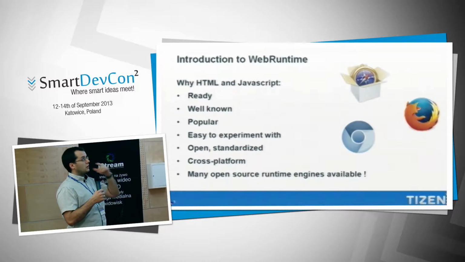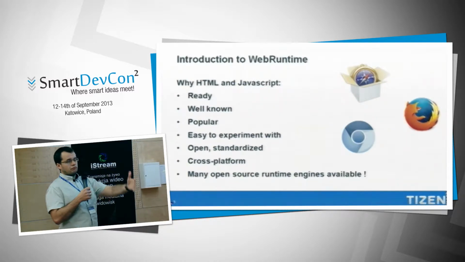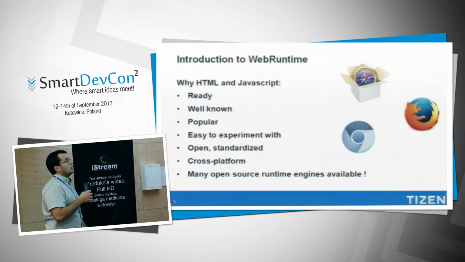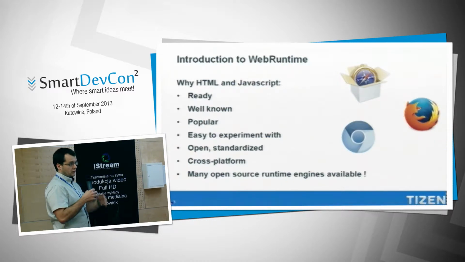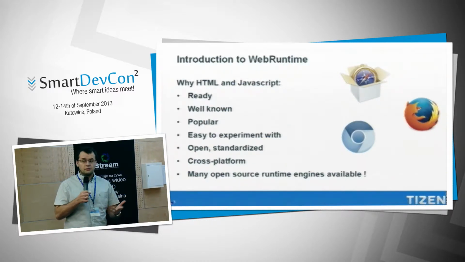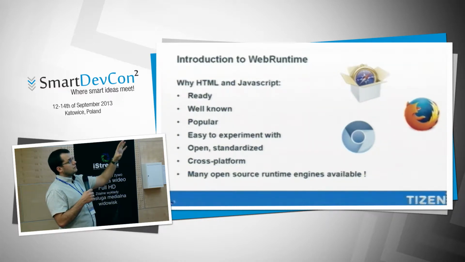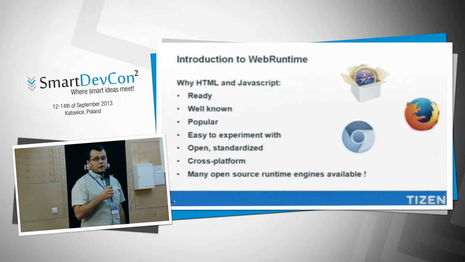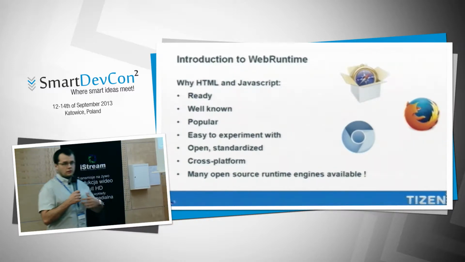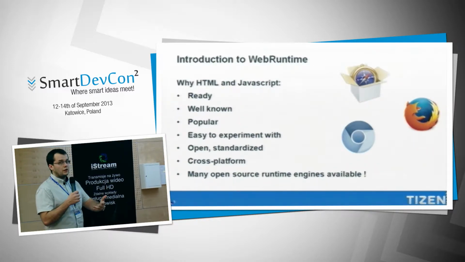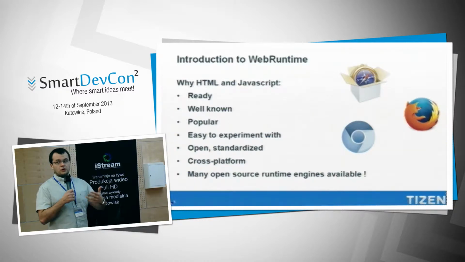They are just available. They are also very popular now, like the whole web works on them. They are easy to experiment with, and they are open and standardized. We can influence the way it's being developed in various standardization bodies.